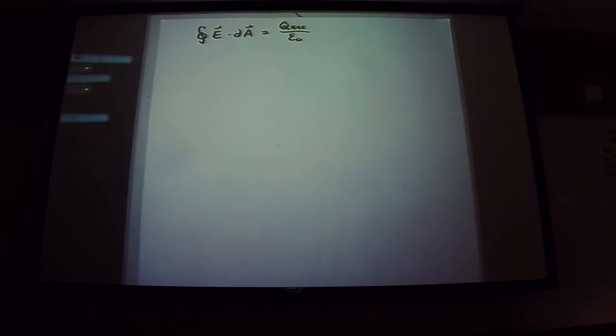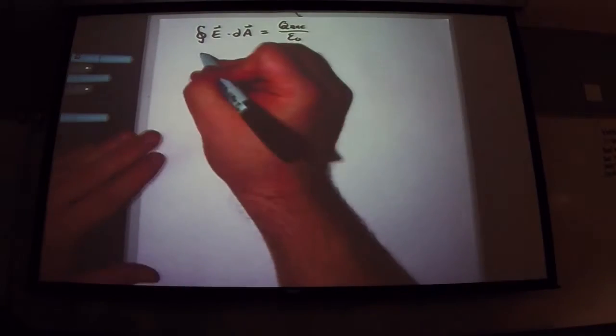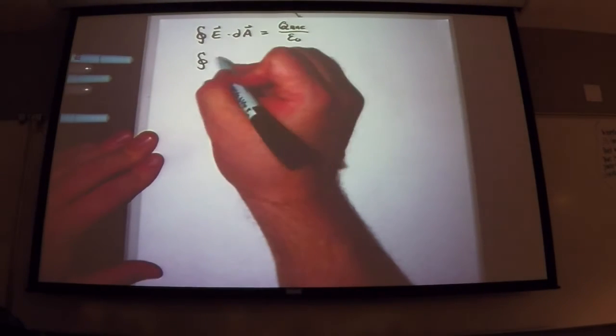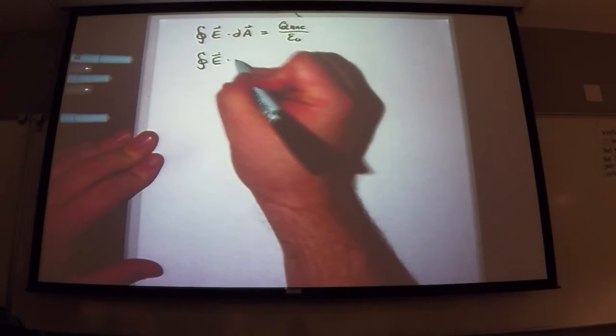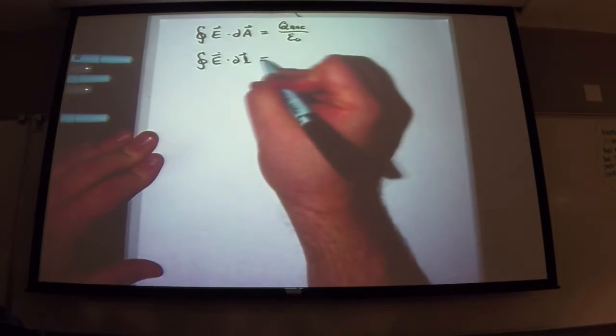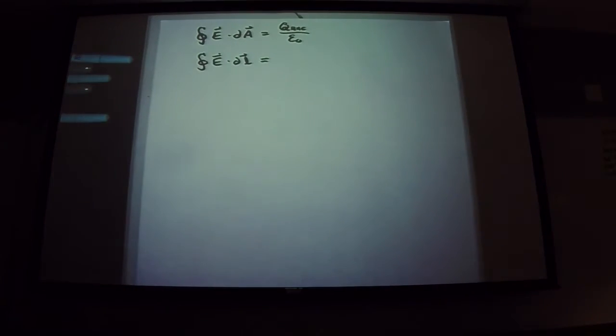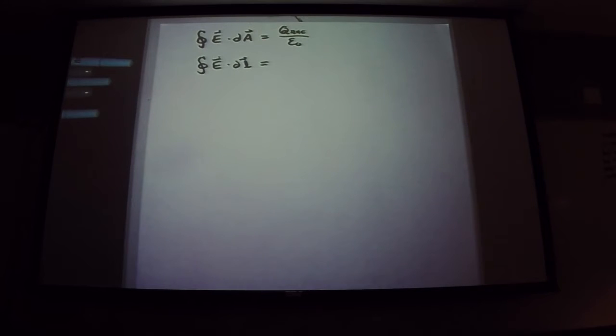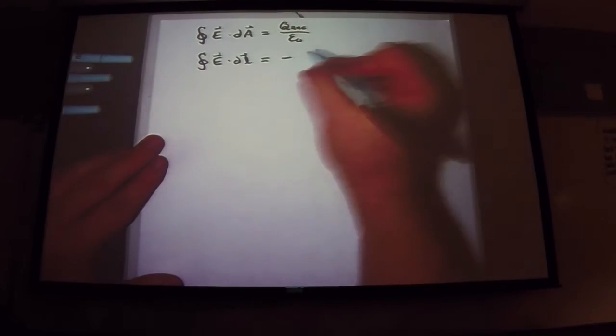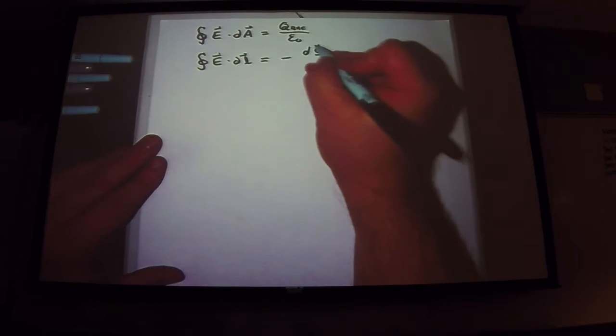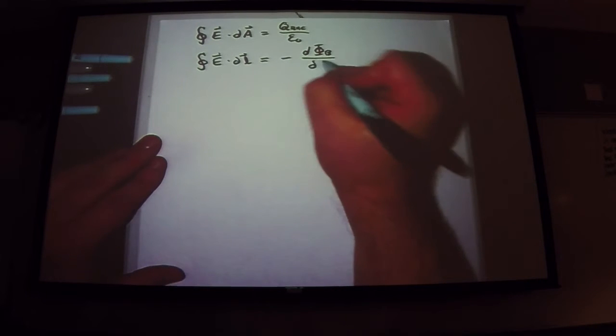That's the first one. Second one, integral of E dot dl equals, well, once upon a time that was 0, but now we know that we can create a voltage by changing magnetic flux, so we have to include that. So it's minus d phi sub B dt.